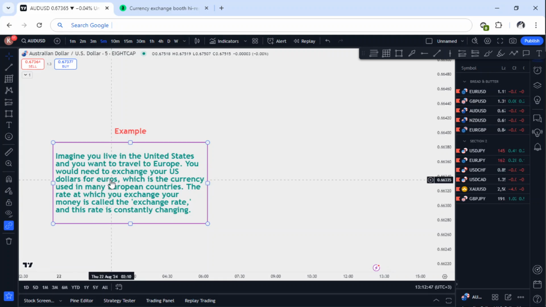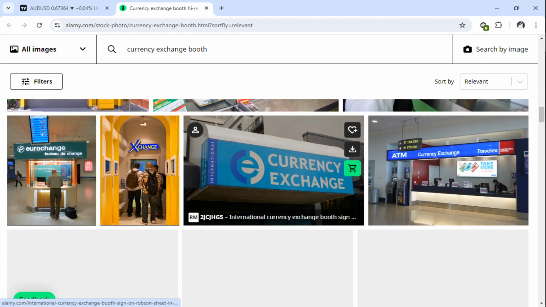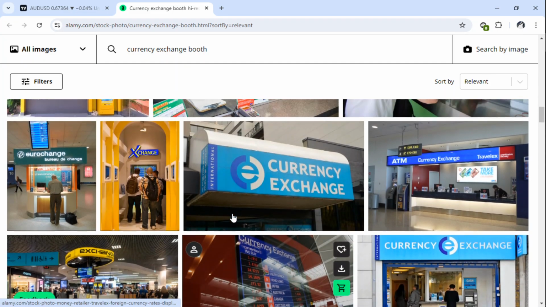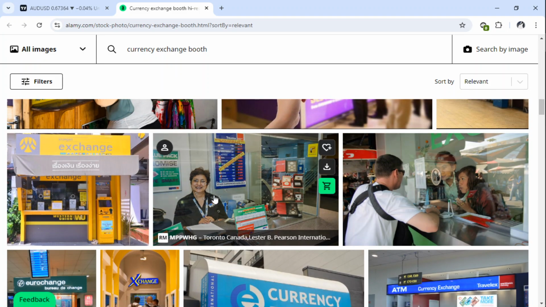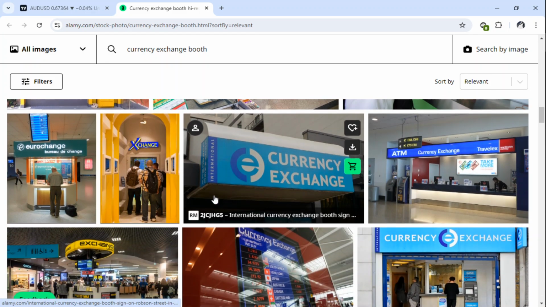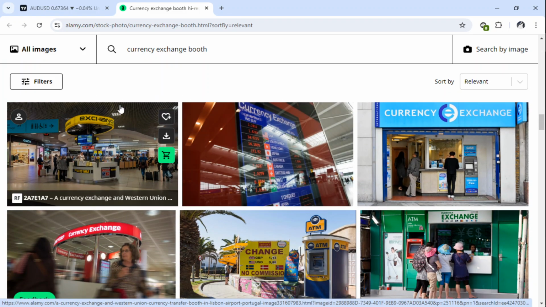So the rate at which you exchange your money is what is called the exchange rate, and this rate is constantly changing. So you will have to go to any of these places and find such kind of people who want to exchange your money so that you get the euros that you are going to operate with.